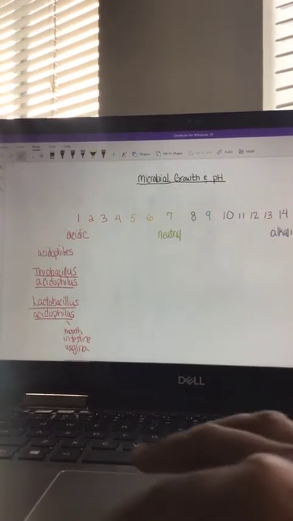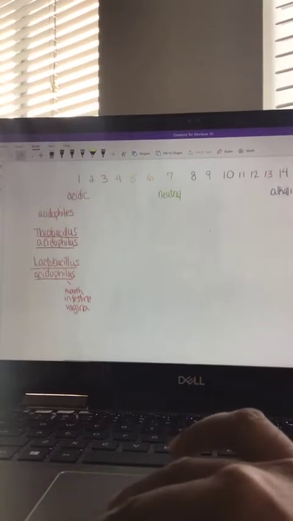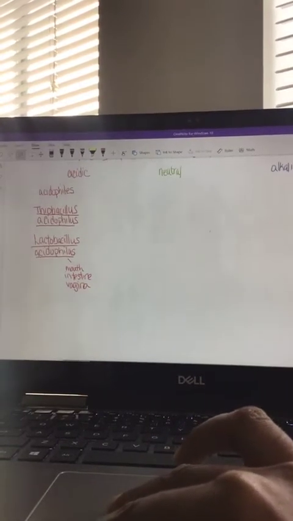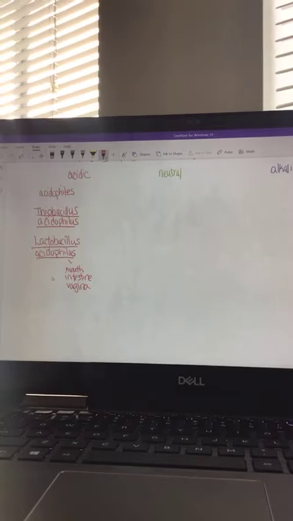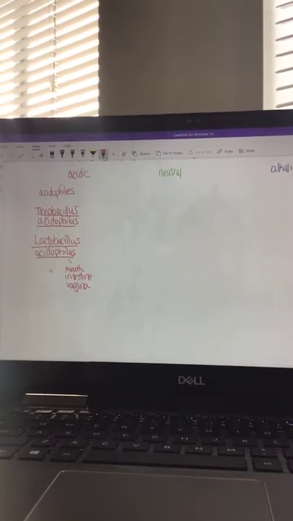So that's where you can find this particular acidophile. You can also find them in the deep sea hydrothermal vents, sewage pipes, sulfurous waters, and Yellowstone National Park. Some examples of where you can find acidophiles.